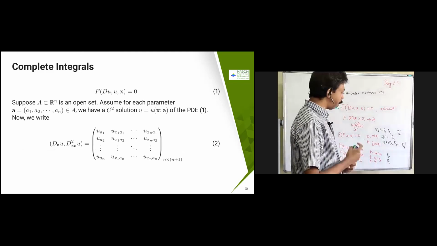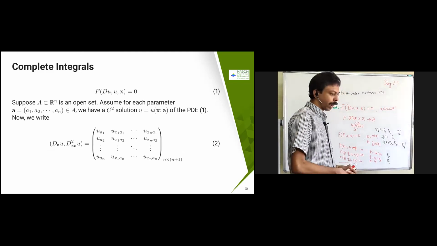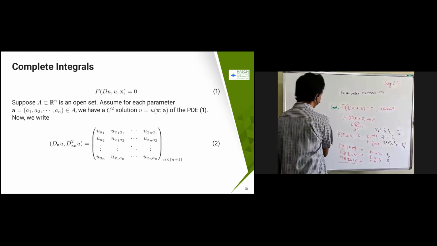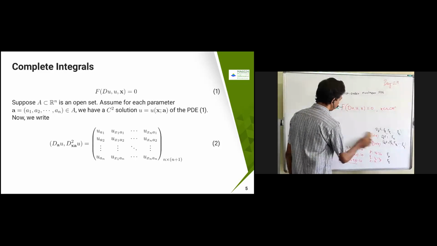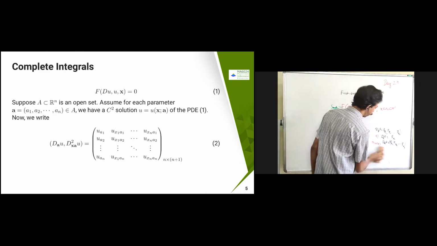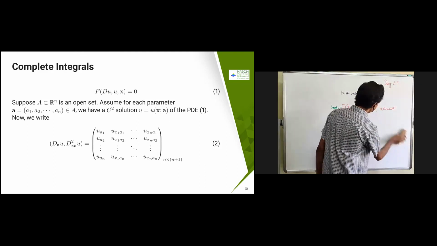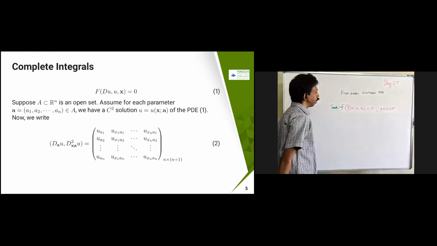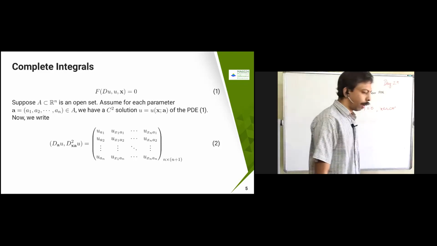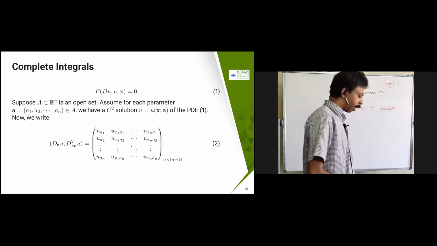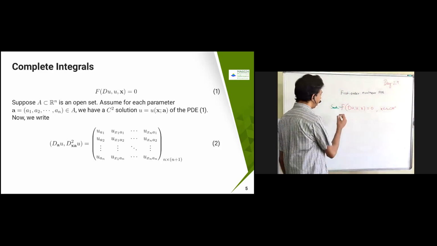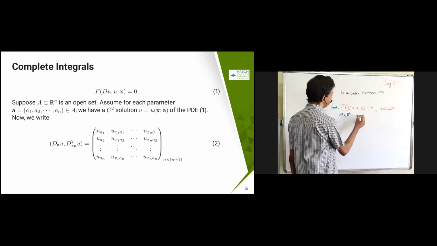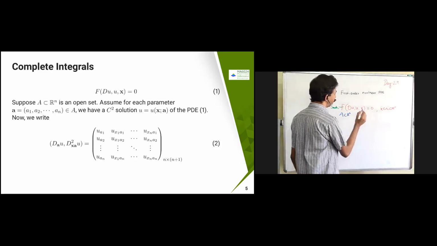Now what I mean by complete integral is that first I need to find a subset A of R power n. So I stick to this one: I have f of Du comma u comma x. For this, suppose I take A, an open subset of R power n.